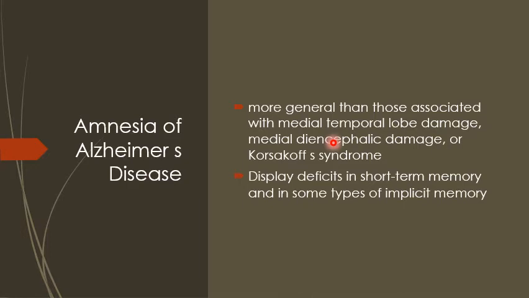Their short-term memory is also okay. But for amnesia relating to Alzheimer's disease, short-term memory is affected, and also some types of implicit memory, some procedural memory. So they really need help. Alzheimer's patients need significant help from other people compared to other forms of amnesia.